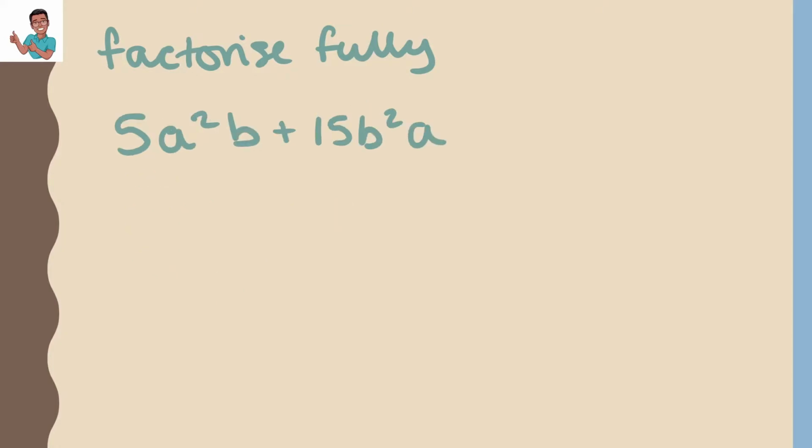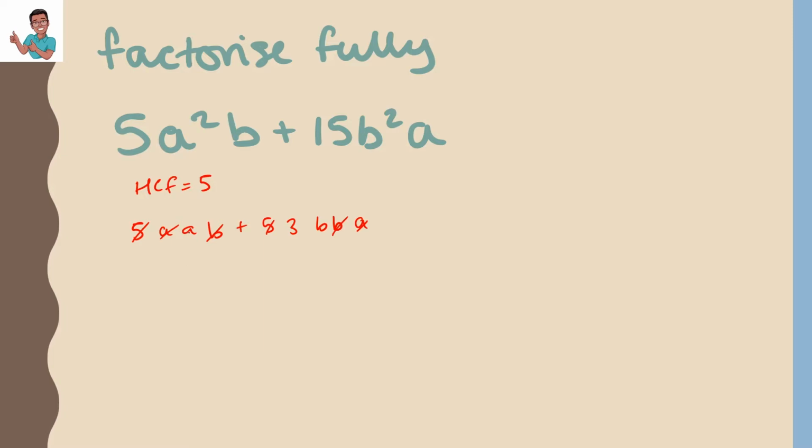And finally we have 5a squared b plus 15b squared a. The highest common factor of 5 and 15 is 5. So we write this as 5ab plus 5 times 3ba. 5 is common, a is common, and b is common.